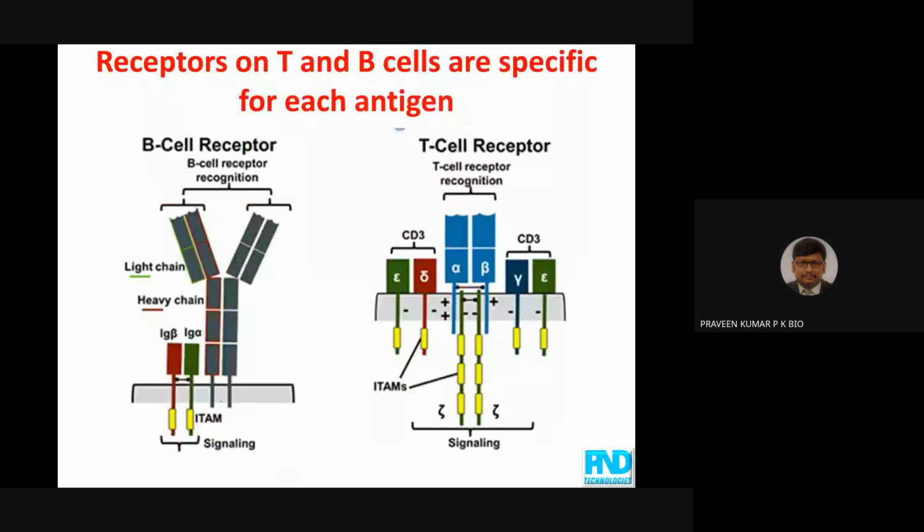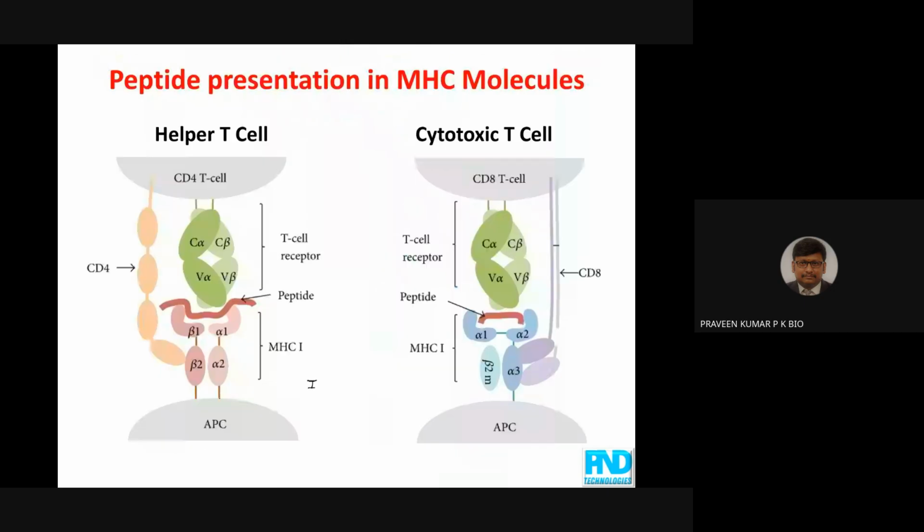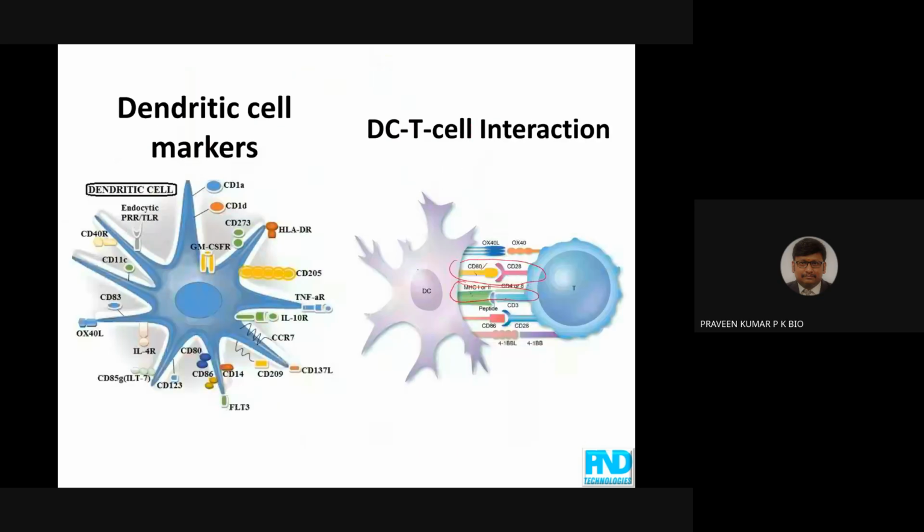And the next thing we have discussed is what is CD4 T cell. It's nothing but helper T cell. And CD8 T cell is nothing but cytotoxic T cell. And like B cell, even dendritic cell is an antigen presenting cell. So it means that the antigen is going to be presented on the surface of MHC molecules.